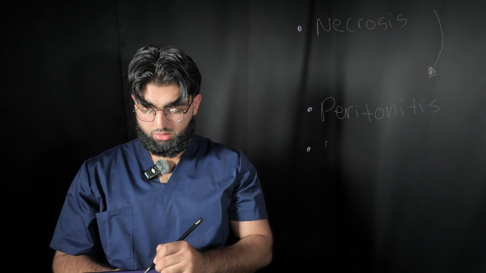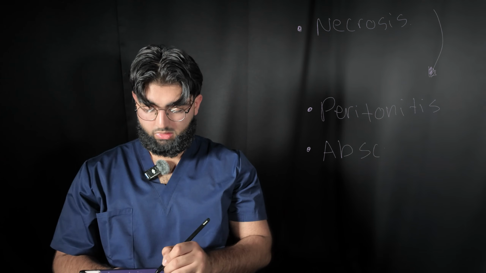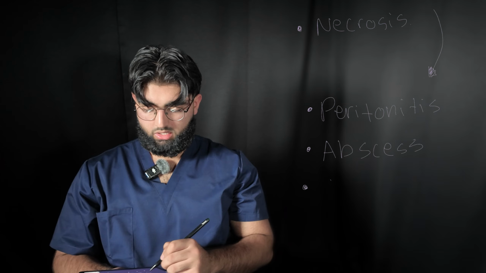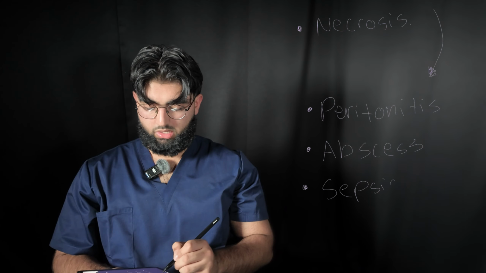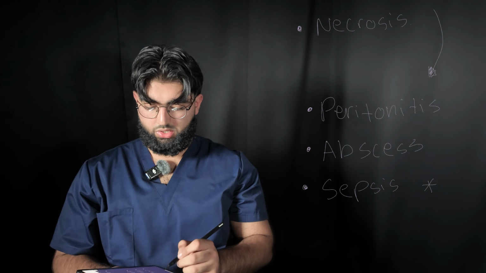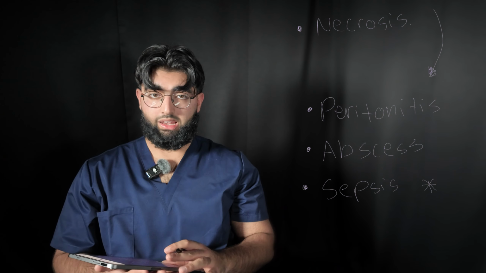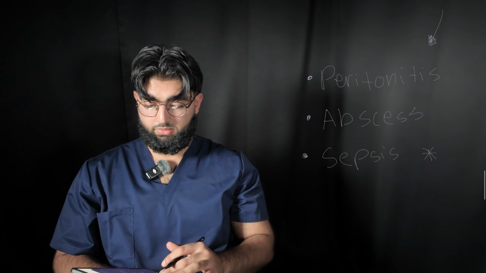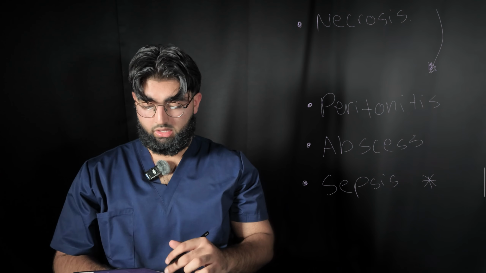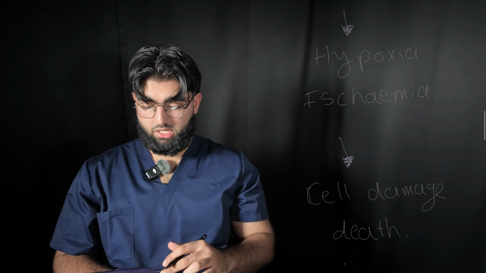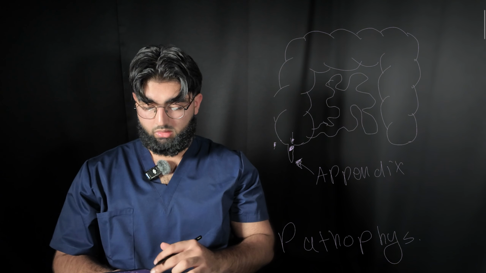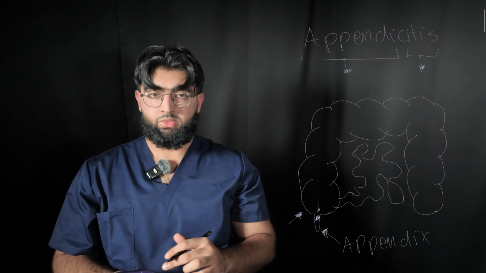It can also lead to abscess formations, and it can also lead to sepsis, which of course is a life-threatening condition that we want to particularly avoid. So that is a basic overview of the pathophysiology of appendicitis.